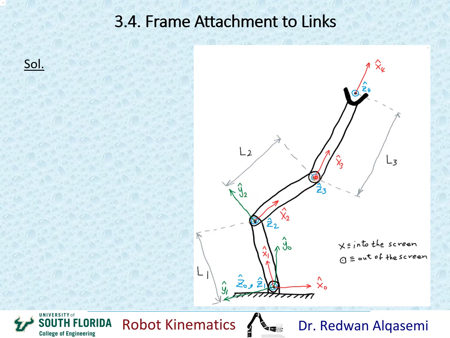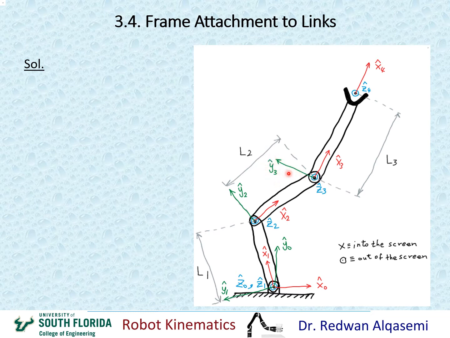Coming to y3, again my thumb is going out of the screen towards z3. My 4 fingers are going towards x3 in this direction. If I move my 4 fingers by 90 degrees, I'll get the y direction somewhere along this direction here. So I'm going to go ahead and draw it. This is the direction for my y3.